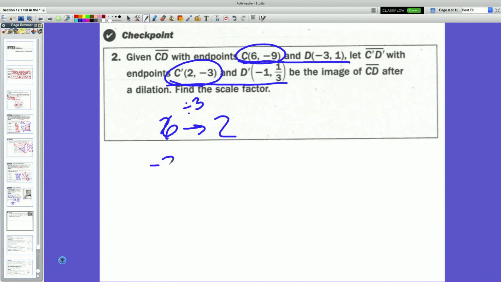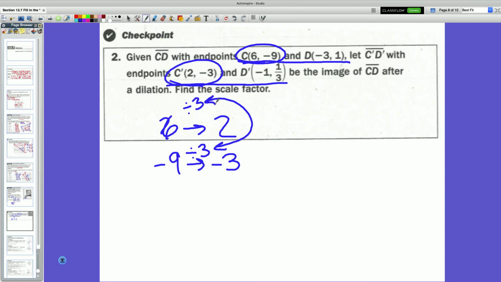How would I get from -3 to -9? Oh shoot, I did this backwards again. I'll get there eventually. How do I get from -9 to -3? Yeah, that's right, original to the new. Well, I would divide by 3, right? And these two things here should be the same.